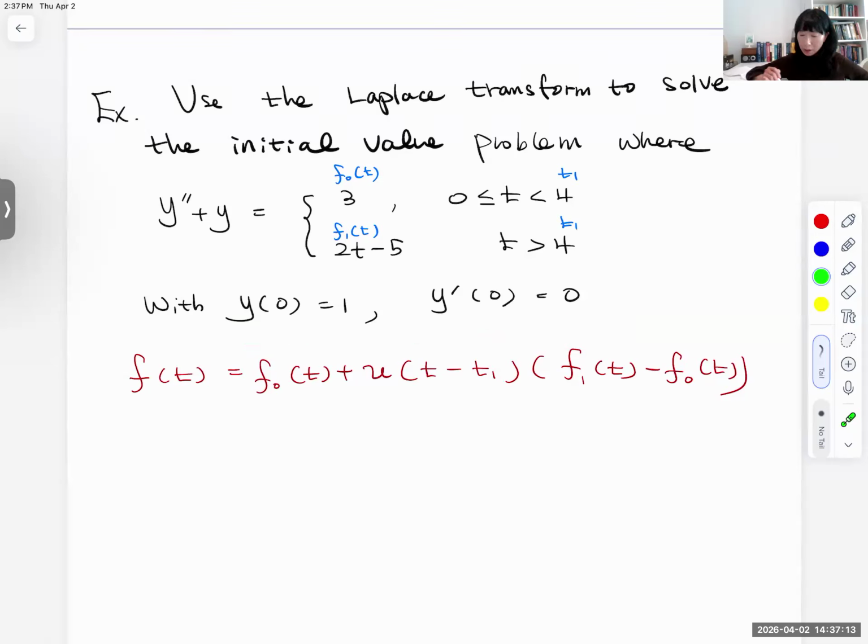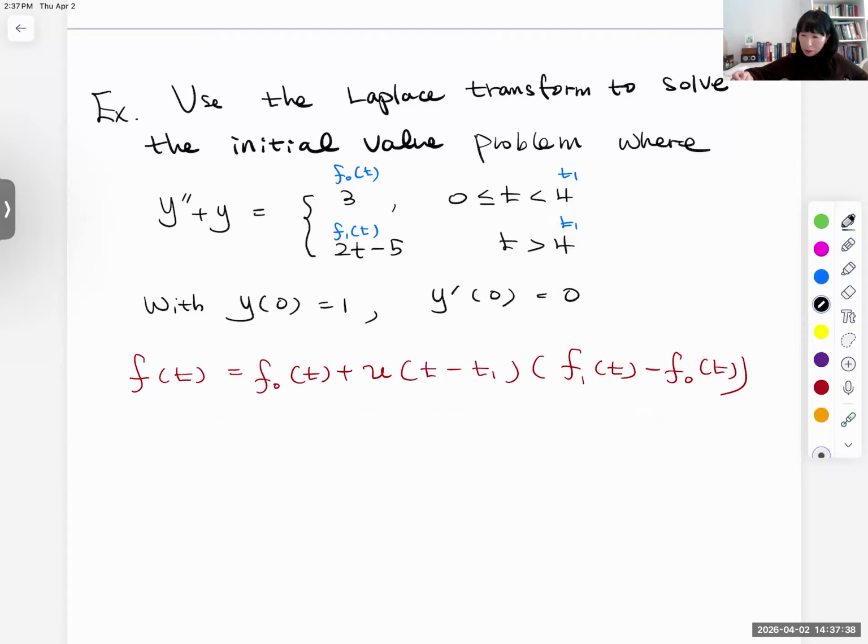Then we apply this formula. The first piece is f sub 0 of t, and the second piece will be f sub 1 of t. Now let's make this form, and then this will be t sub 1.